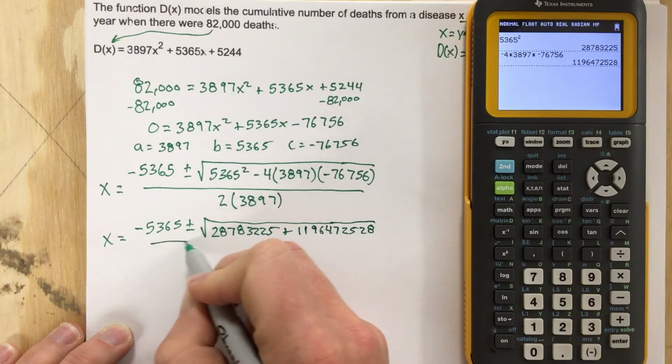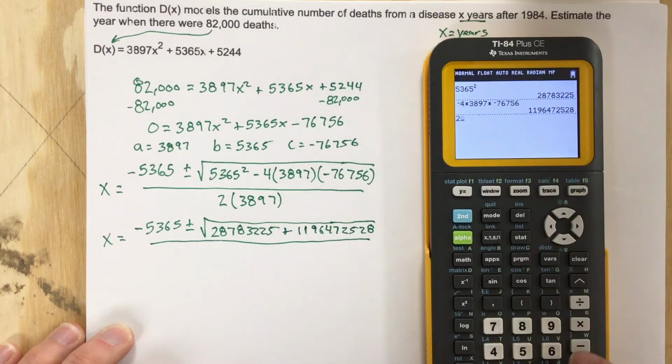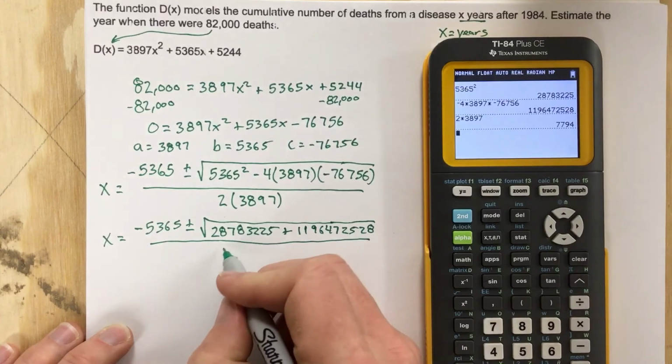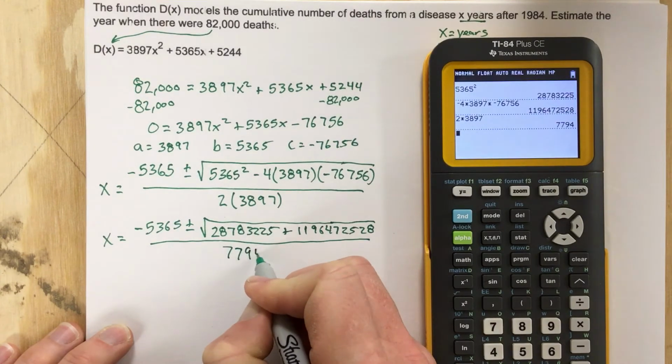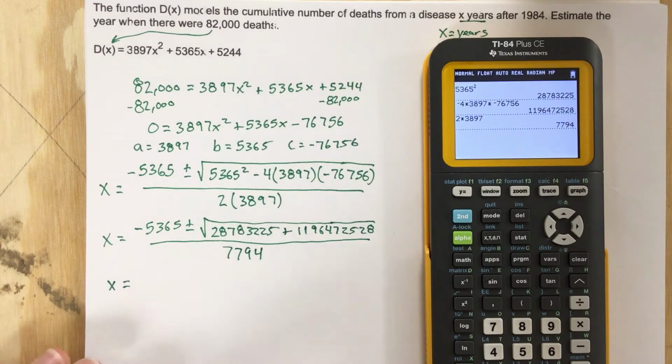And that's all over, now on the bottom, 2 times 3,897, which is 7,794. So x is going to equal, now we're going to plug in the top.